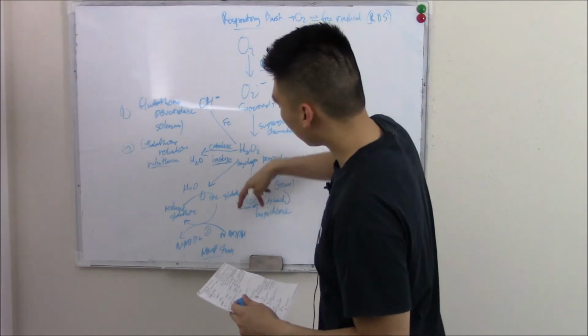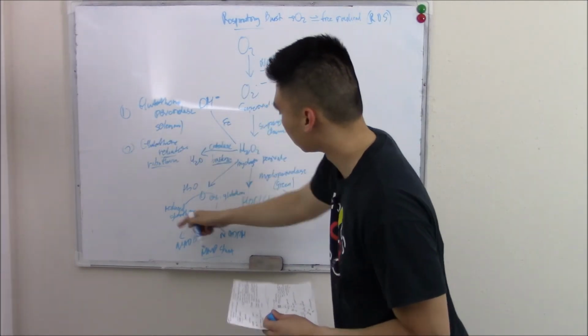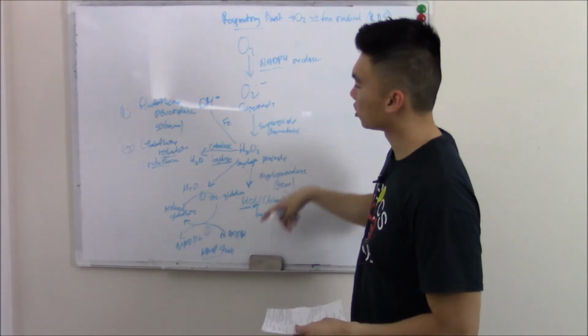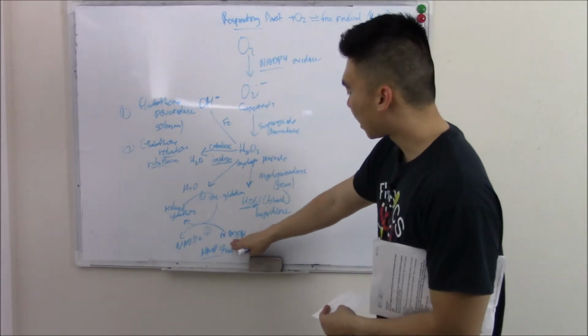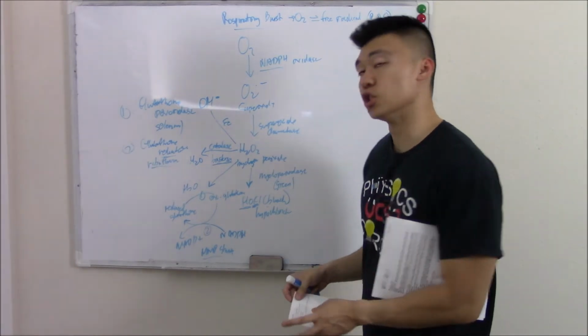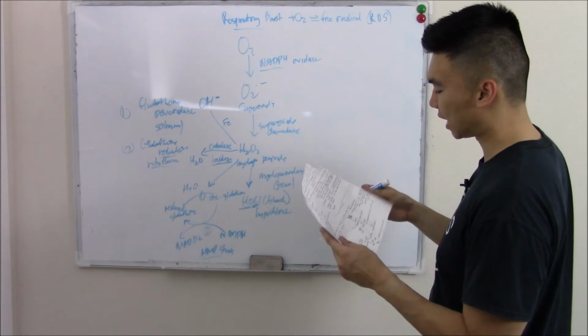So that turns oxidized glutathione and reduces it to reduced glutathione. You kind of recycle this pattern and you can neutralize any excess hydrogen peroxide. So NADPH not only makes free radicals, but it also helps neutralize it. That is your respiratory burst. Hope that's not too bad.